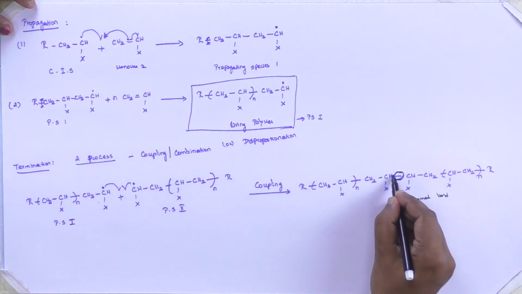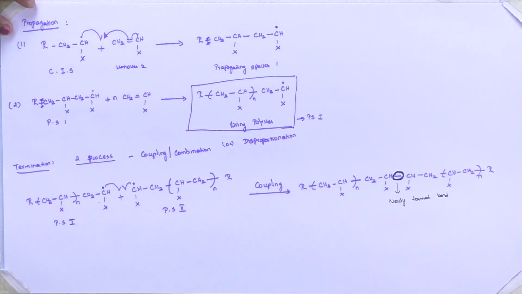This is coupling, just coupling between the two polymer chains. Second is disproportionation.